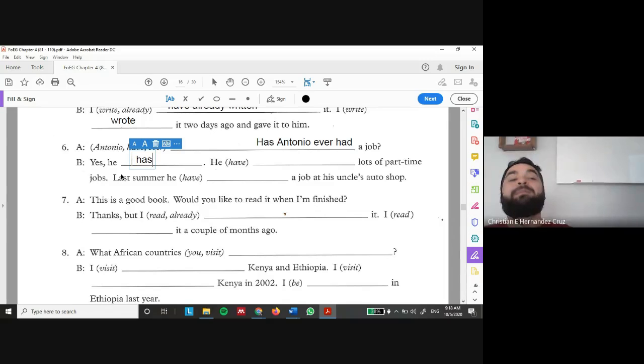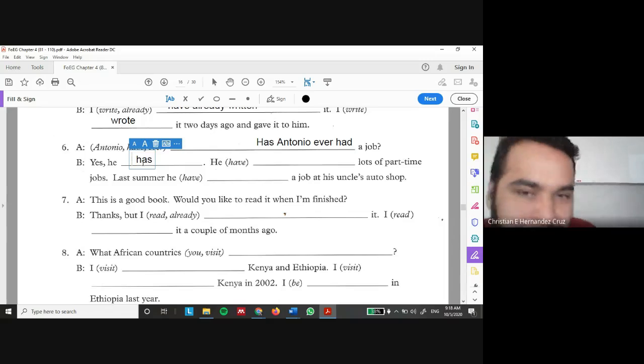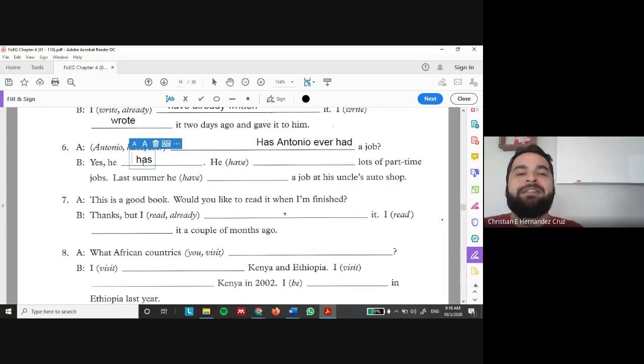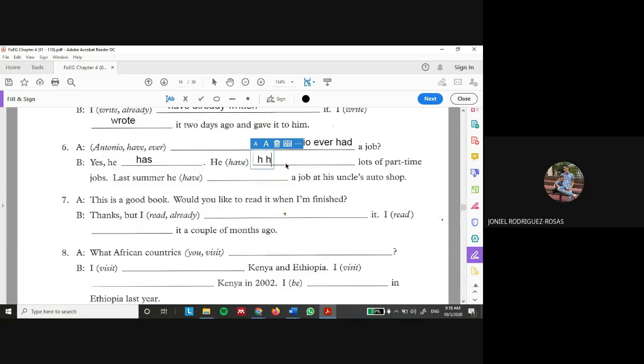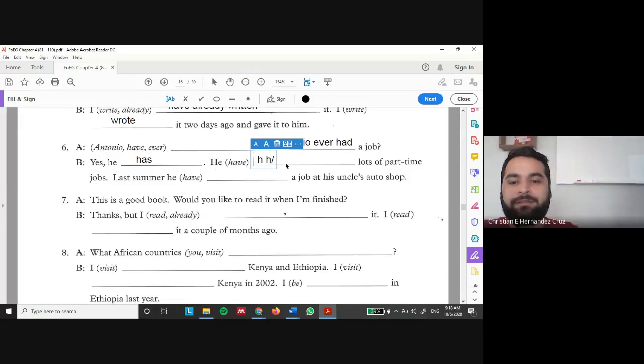Remember, this is the present perfect, okay? So si fuera past perfect, entonces pudiéramos decir yes, he had. But since this is the present, we use has. He has had lots of part-time jobs. Has had. There you go.